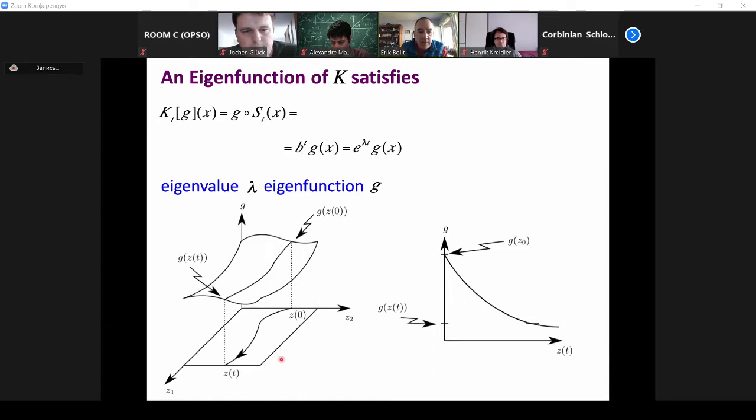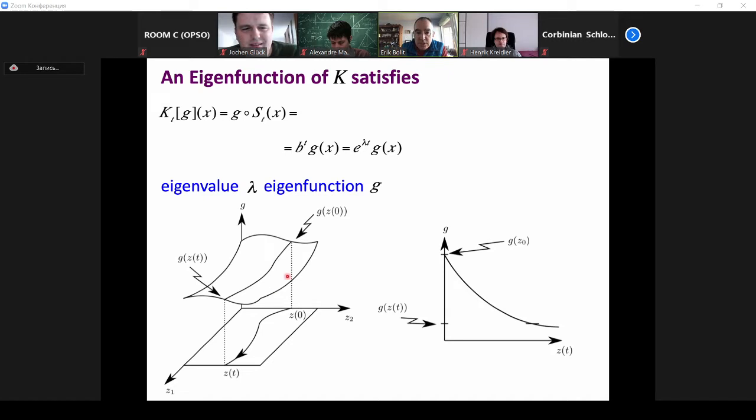So over the phase space, think of the floor here, this picture is the phase space, and an orbit moves, and I can measure a function g at a point at the initial condition, or I can measure it downstream. So an eigenfunction is fitted over the phase space, and I'm going to tell you the value of the function downstream, but I'm going to report it back at the initial state.